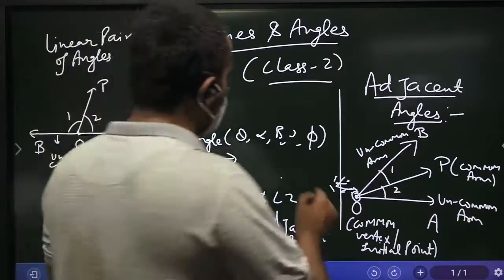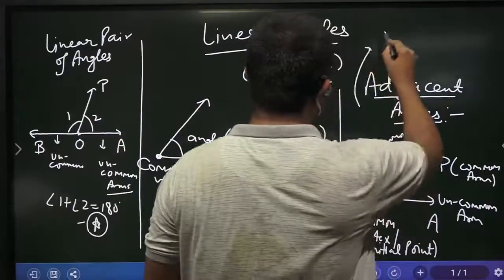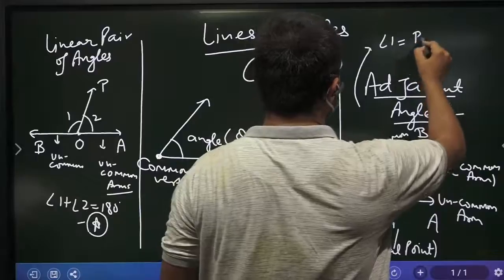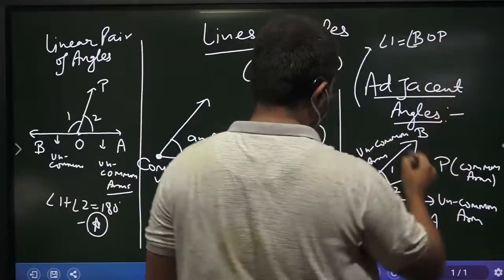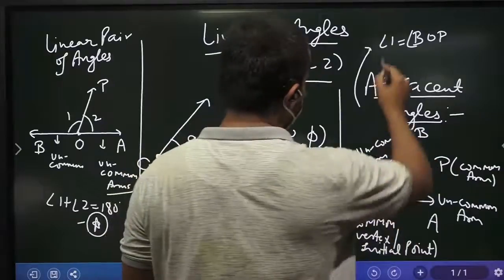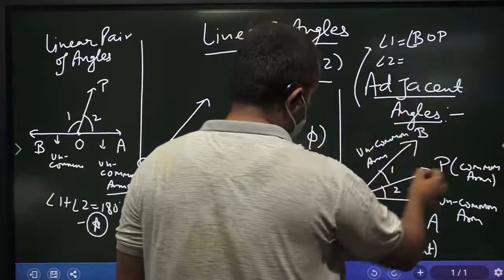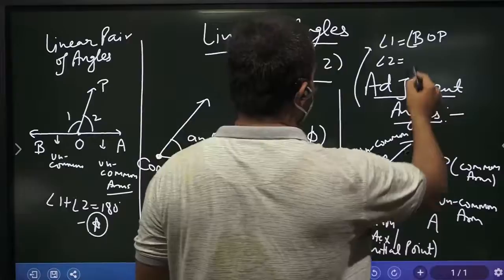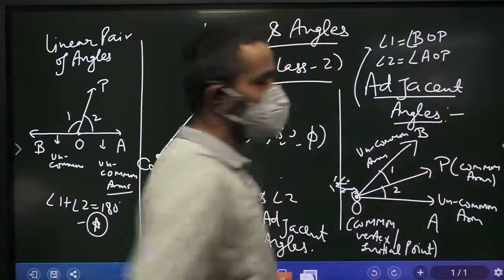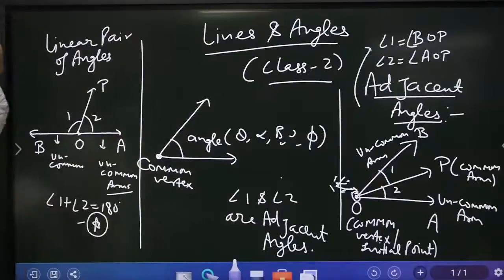So friends, angle 1 can be named BOP, or POB. Angle 2 also is POA or AOP, but O will remain in the center.